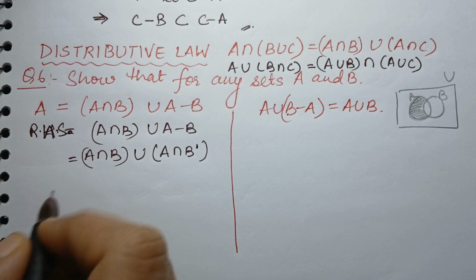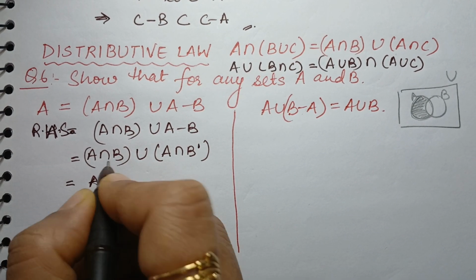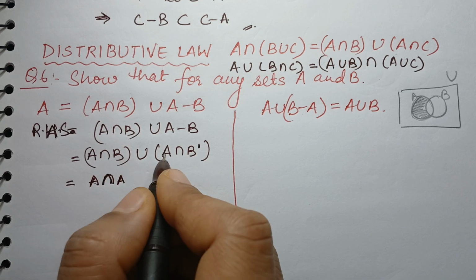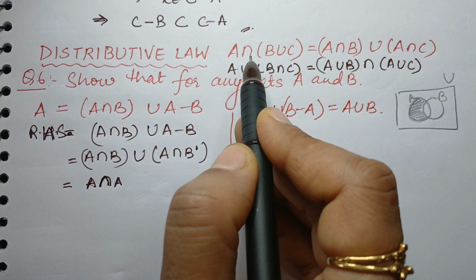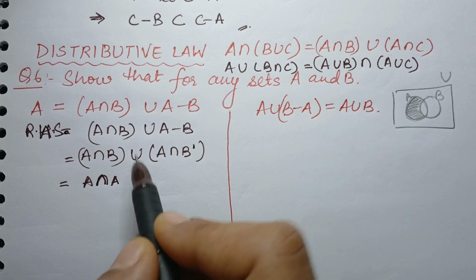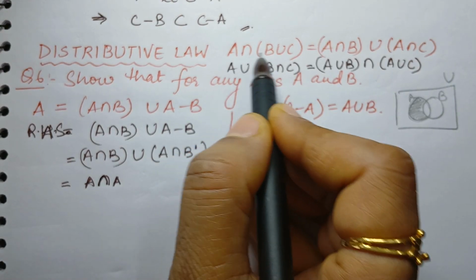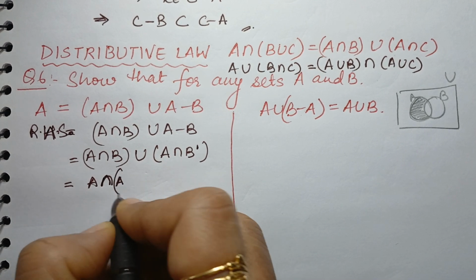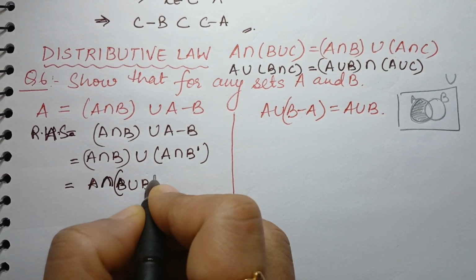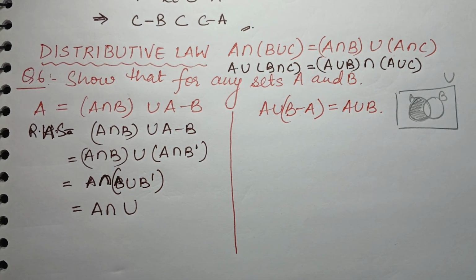Now, I will apply the distributive law here, in reverse. This is A intersection B union A intersection B complement. So I can write it as A intersection B union C, that is A intersection B union B complement. Now, B union B complement will be the universal set, right?